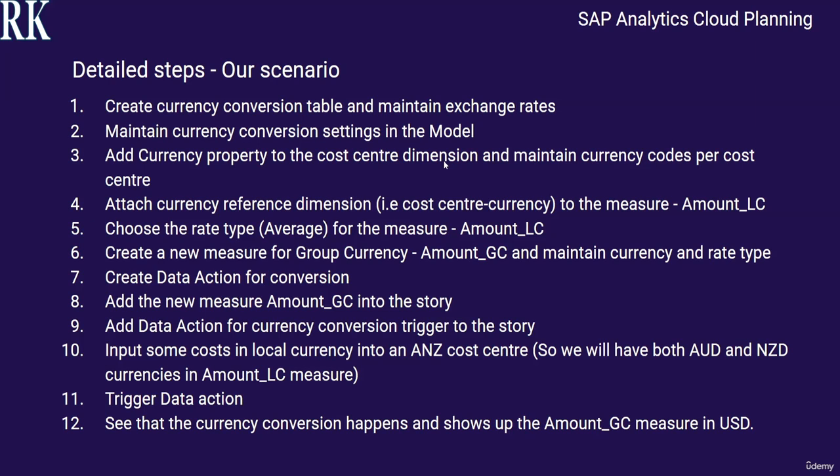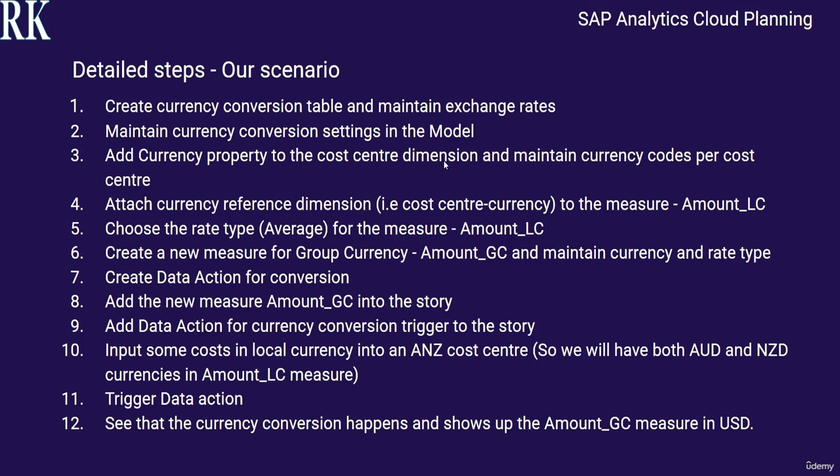And then we'll create a data action for conversion so that we can see both local currency and group currency once the conversion takes place. And then add the data action for the currency conversion trigger to the story. Then we'll input some costs in local currency into ANZ cost centers, so that we'll have both transactions.